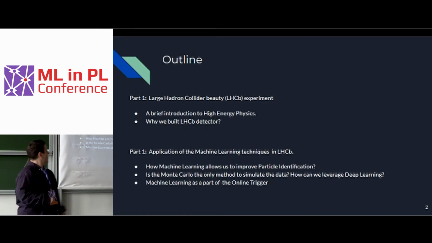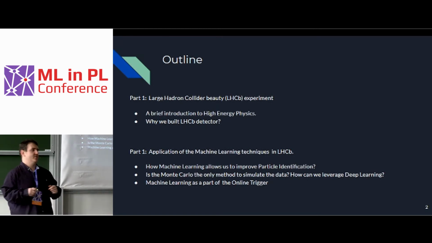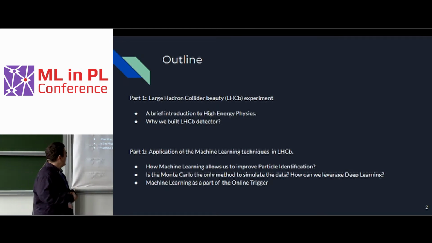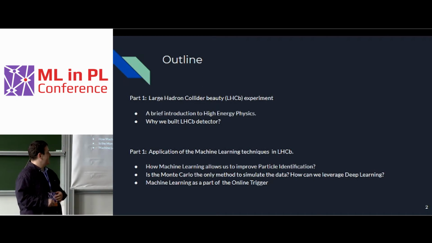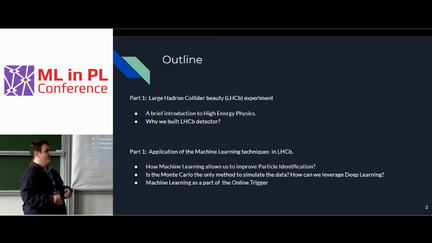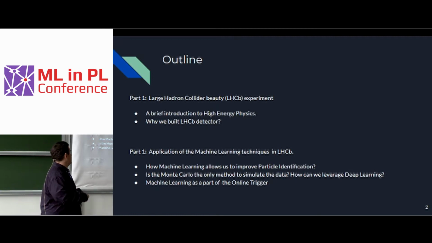Then I go to the second part of my presentation, which is the application of machine learning techniques in this particular experiment. First of all, I would like to discuss the problem of particle identification, how we enhance the process of particle identification using machine learning.